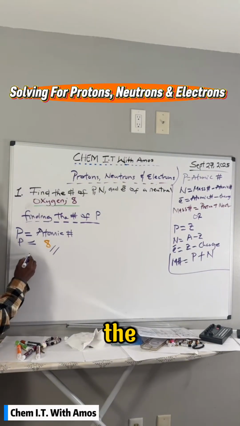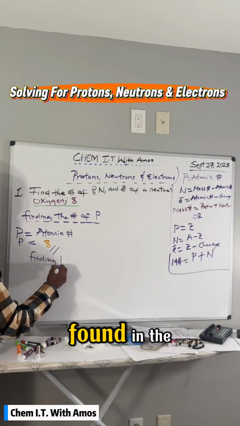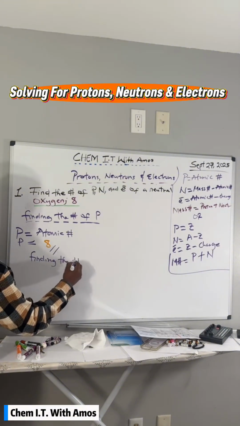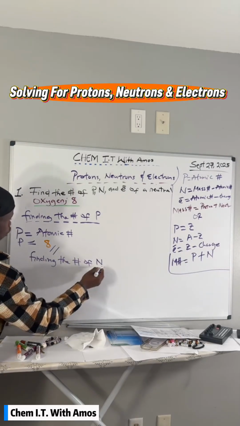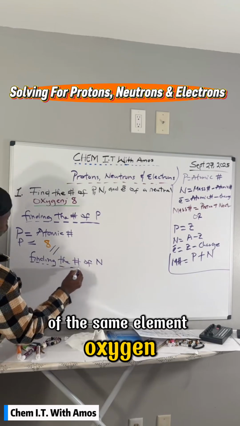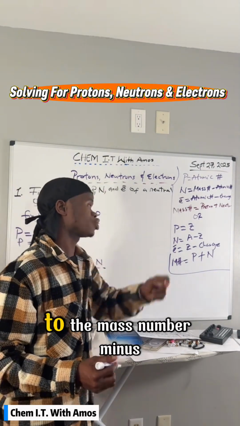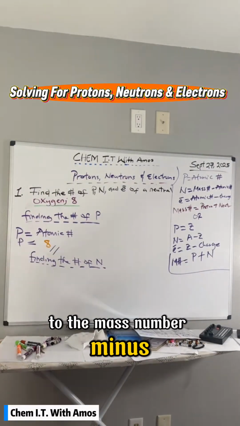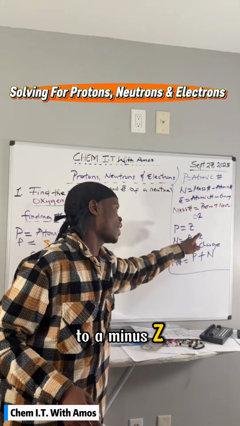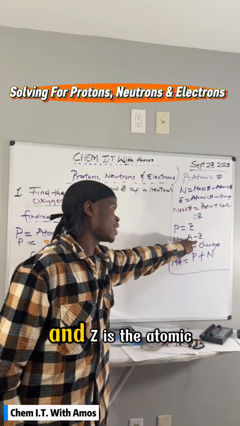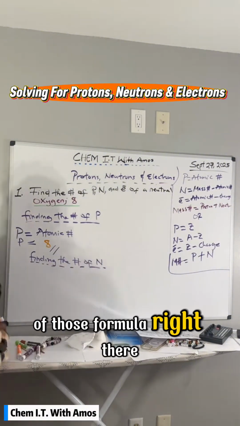Then we can say, finding the number of neutrons of the same element, oxygen. So we said that neutron, if you look right here at this formula, is equal to the mass number minus the atomic number, or we say N is equal to A minus Z. A is the mass number and Z is the atomic number. So you can use any of those formulas right there, right?